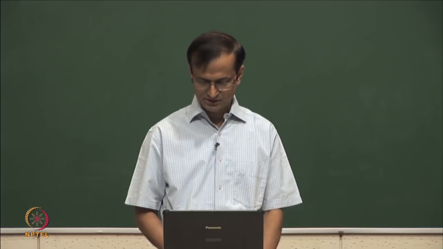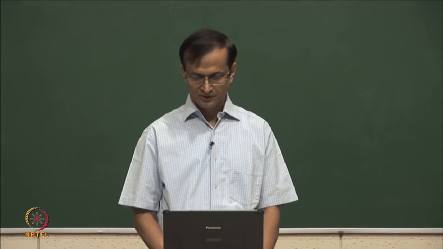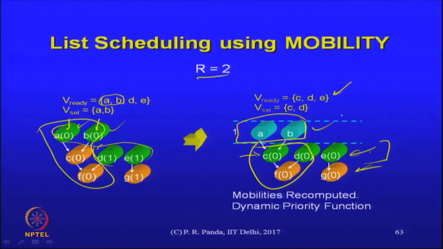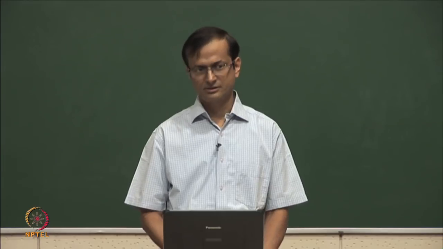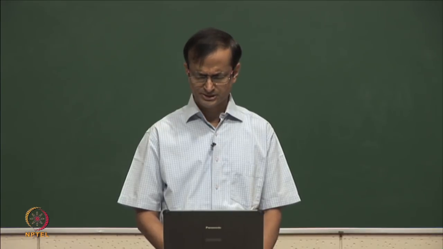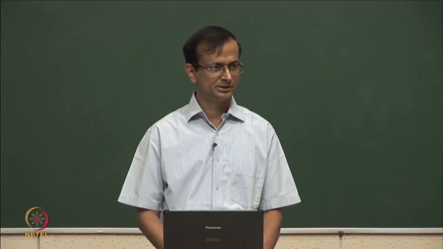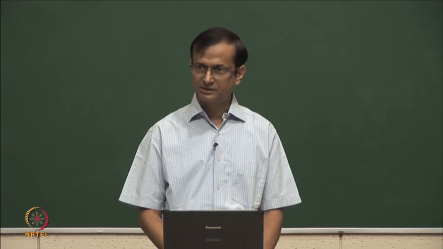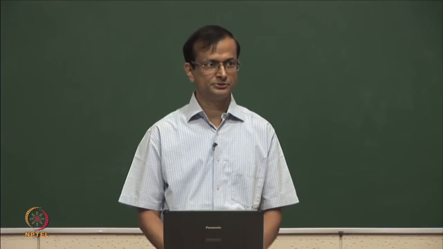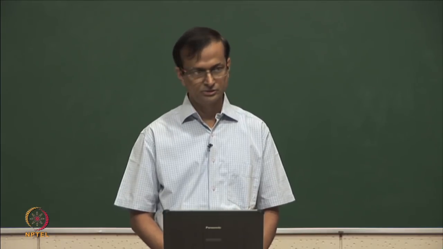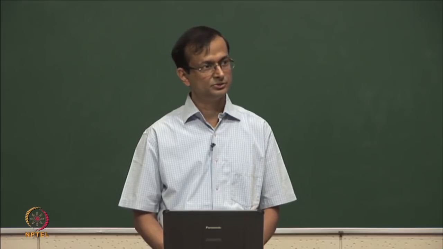So, what we have here is a fully dynamic priority function, but it need not be completely dynamic. But that other example of using the height of a node, height being defined as the critical path seen from the bottom, is actually an interesting alternative. It captures a similar property of the graph, but one that does not change as you take decisions about the schedules of the earlier nodes.